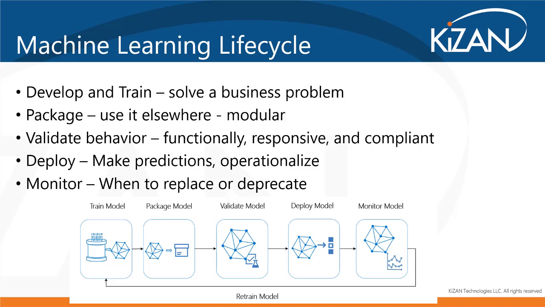Next, it's validated by using tests to check for things like functionality, responsiveness, as well as compliance with regulations, or even bias. And these considerations are defined during the planning phase.